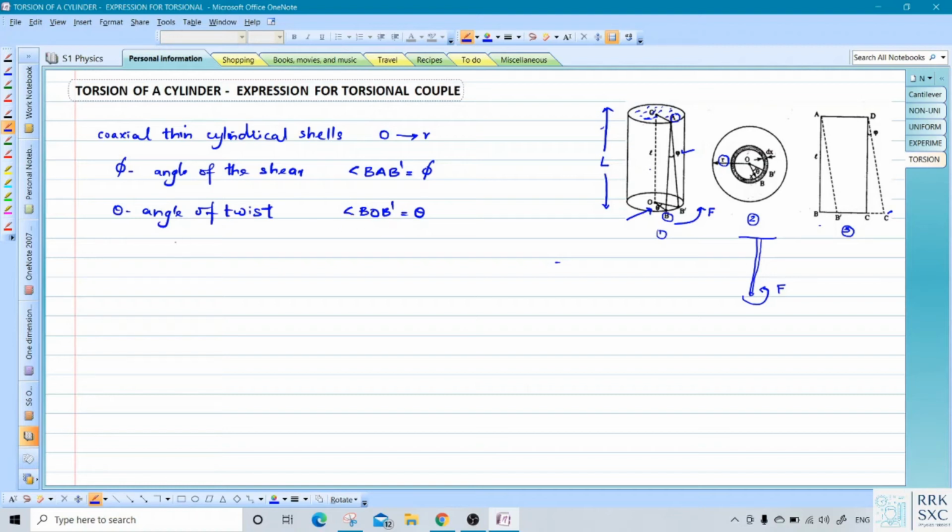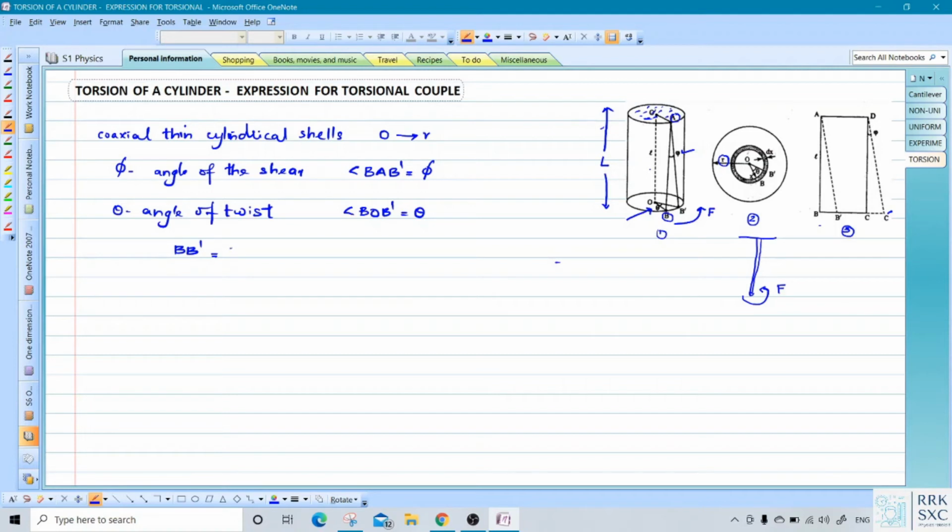Now we have the expression for BB dash. Take the second figure. From the second figure we have BB dash. What is BB dash? BB dash is a small arc. So that arc will be equal to angle into radius. What is the radius here?